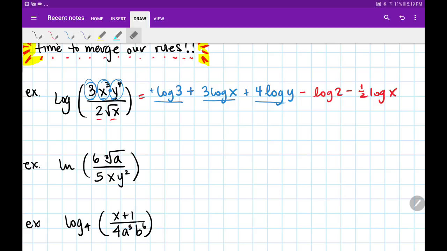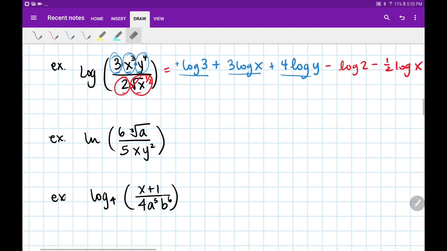In the denominator, here's the tricky thing I did: I crossed out in my mind that square root and I knew that it was a power of 1/2. So when it came time to writing minus log 2 and then minus the log of square root x, I just wrote my power instead of writing it here. I already moved it to the front. So it's minus 1/2 log x because of the square root sign.